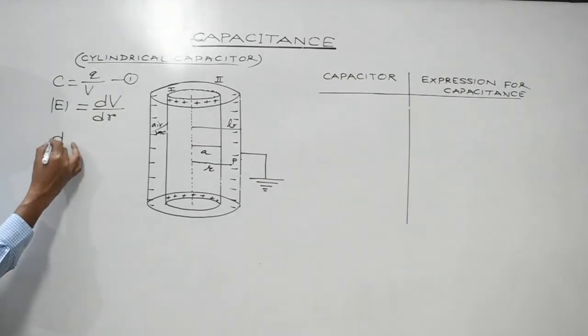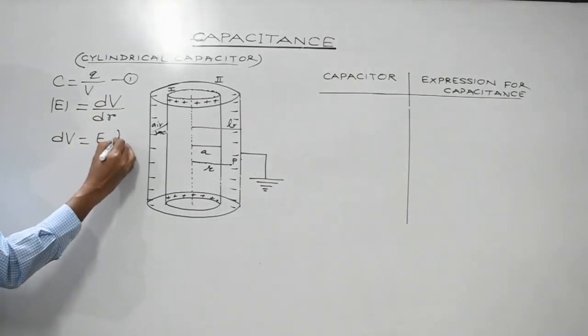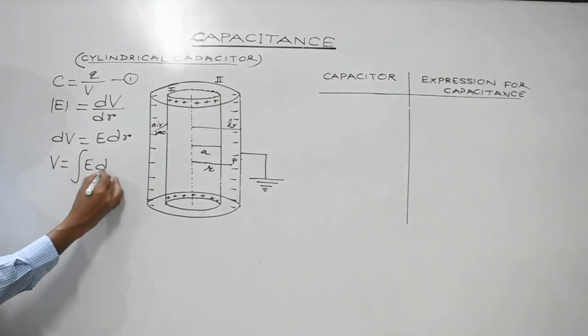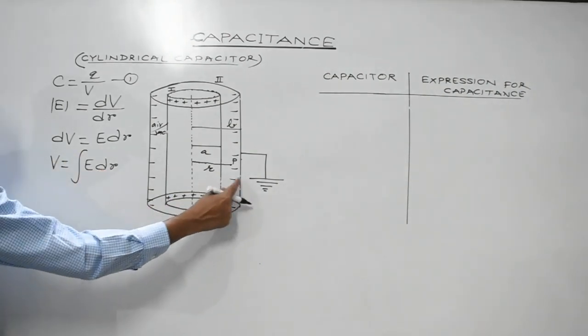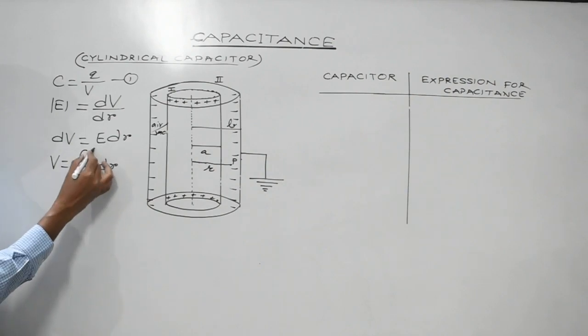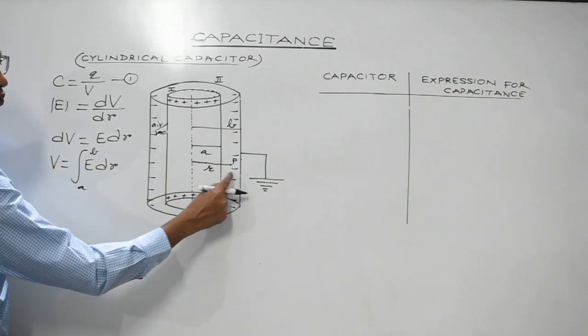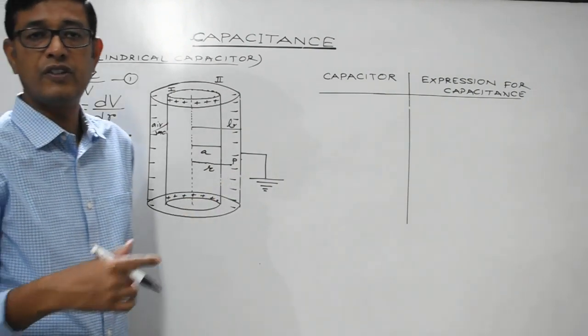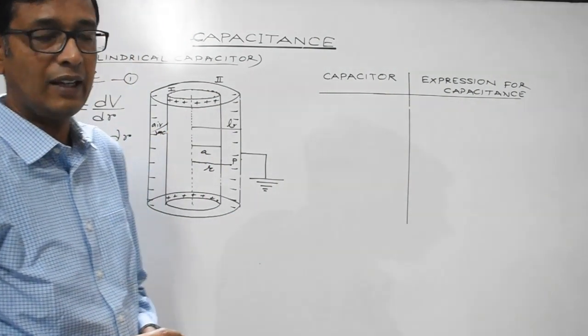So dV may be written as E dr, or potential difference may be written as integral of E dr. Limits will be from a to b. These are the two cylindrical shells across which the potential difference V is to be calculated, right?